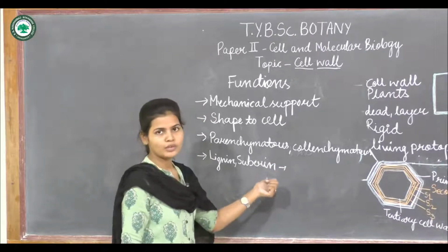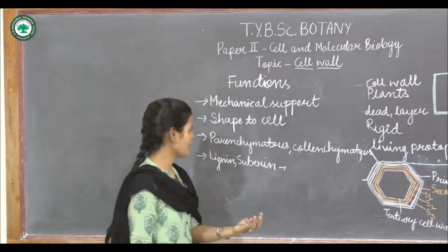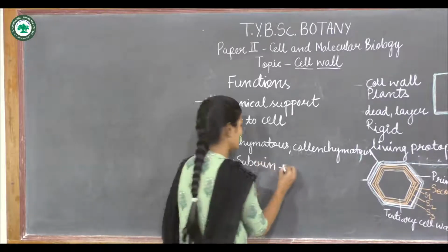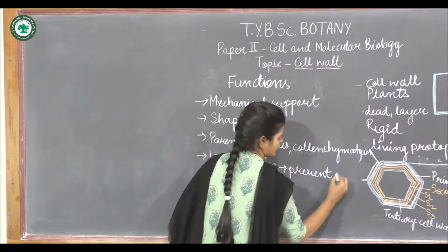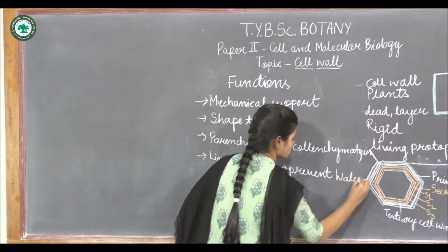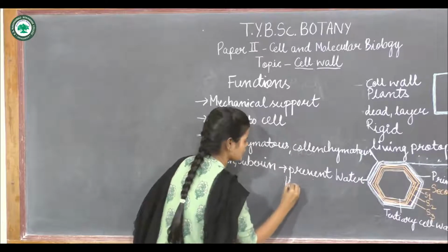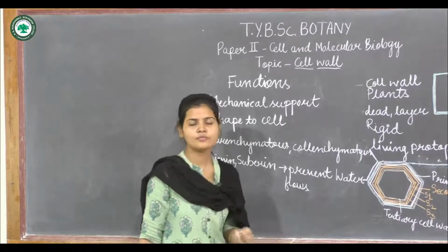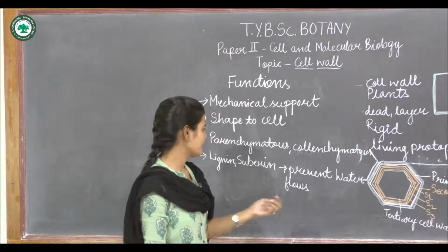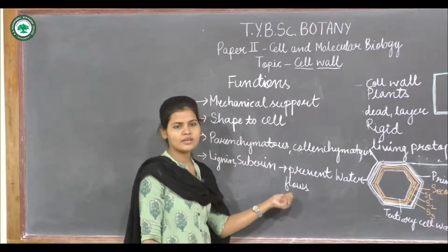So what they will do is they will not allow water to pass through. They will prevent the flow of water. So it will check transpiration in the case of the cell.